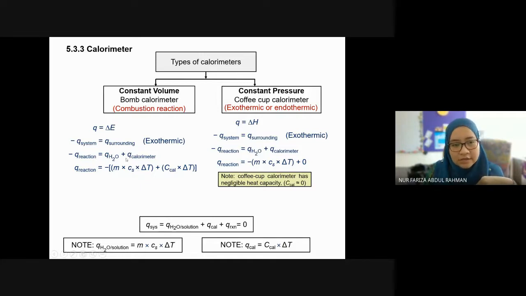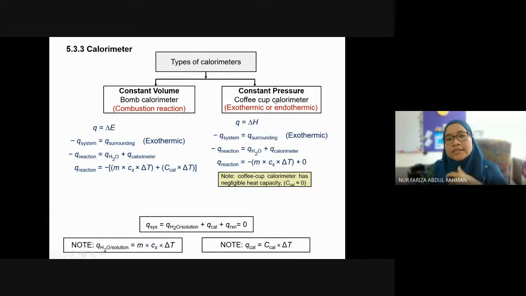Sometimes the mass of H2O is not given, but we only have the calorimeter information. In that case we don't have to consider this one. Sometimes the mass or the information for H2O is already embedded or inclusive in the calorimeter.